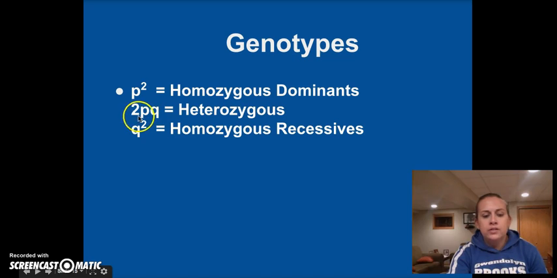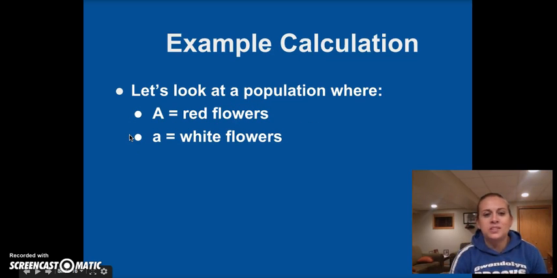With the heterozygote, you would have 2pq, so a heterozygote would be capital T, lowercase t. And then the homozygous recessive is going to be q², because a homozygous short plant would have two little t's, and for q² you've got two q's that you're multiplying together.